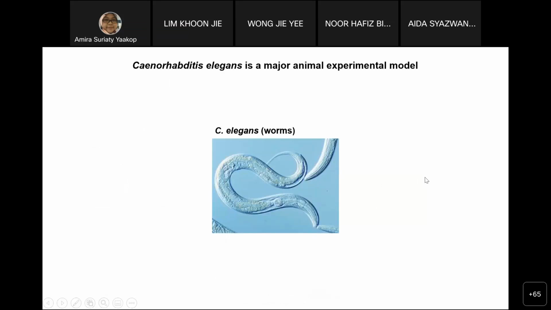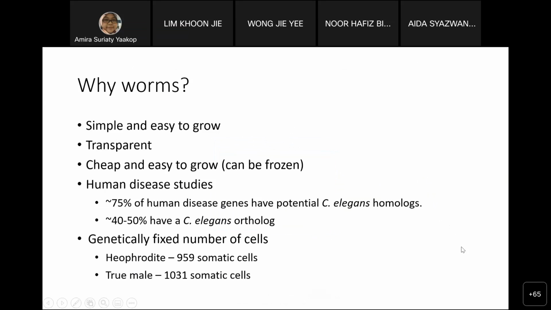Alright, then this one is the worm, which we call Caenorhabditis elegans. This one is also quite famous. Tapeworm, or worms. So why worms? Because it's simple. Sometimes you want to study in an animal-like structure, right? When you want to see the expression, you can simply take worms.